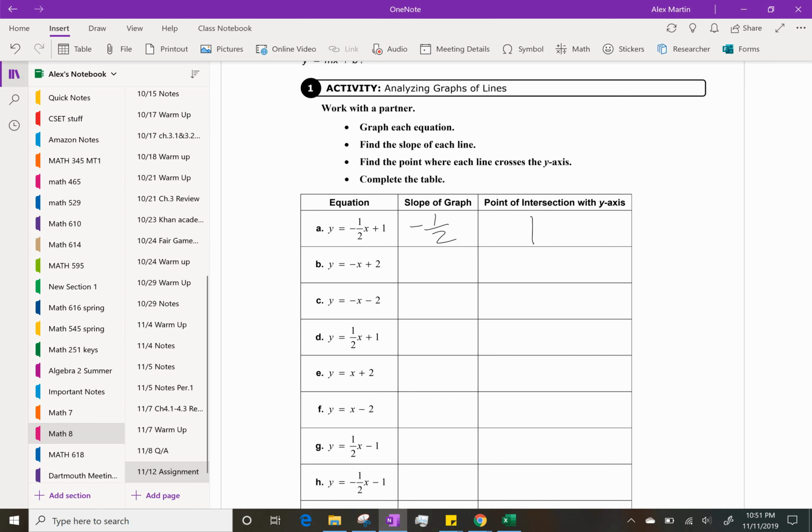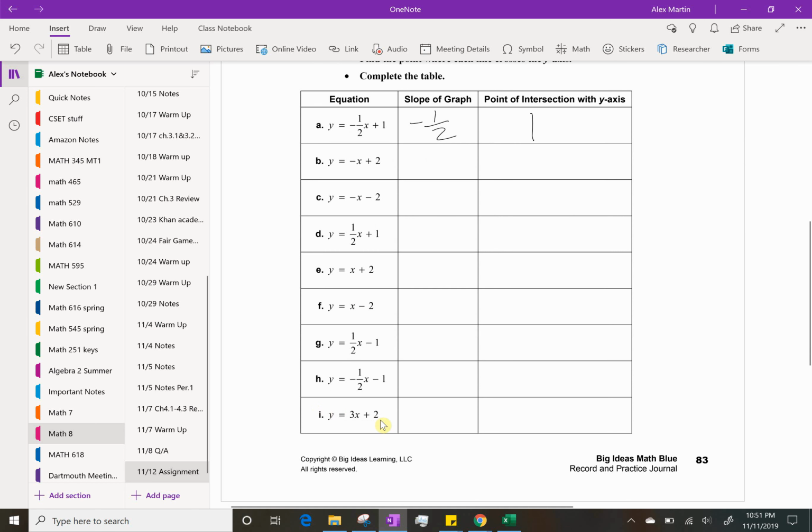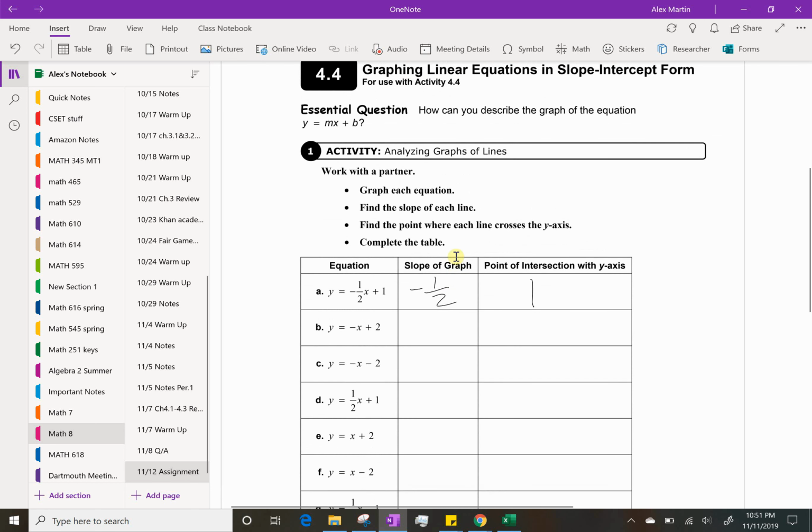So what I want you to do is go through the Desmos activity, figure out what all the slope and all the point of intersections are for all the problems. There should be all the way up to I right here. So you should go all the way up to I, and then come back and fill in this chart. Once you're done with this chart, turn it into the basket, you're done.